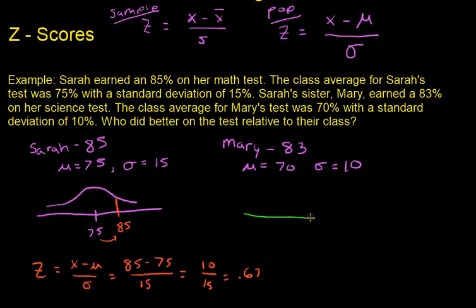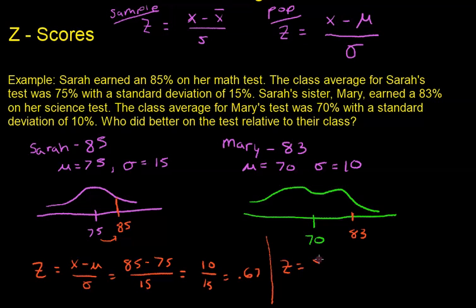Here's Mary's distribution. Again, it could look like anything. Here in the center is the average of 70, and Mary got an 83. Let's calculate the z-score for Mary.